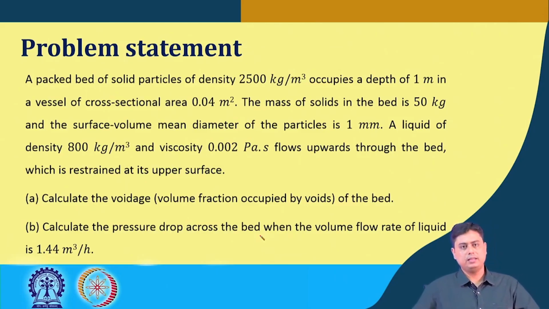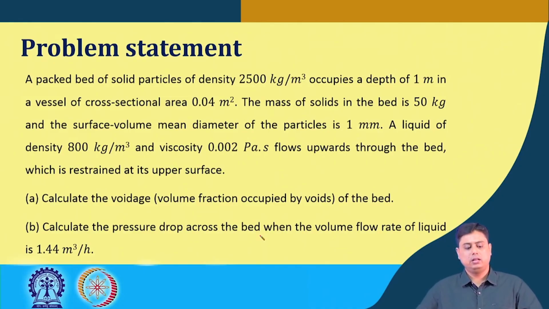The problem says that a packed bed of solid particles of density 2500 kg per meter cube occupies a depth of 1 meter in a vessel that has a cross sectional area of 0.04 meter square. The mass of solids in the bed is 50 kg and the surface volume mean diameter of the particles is 1 millimeter.